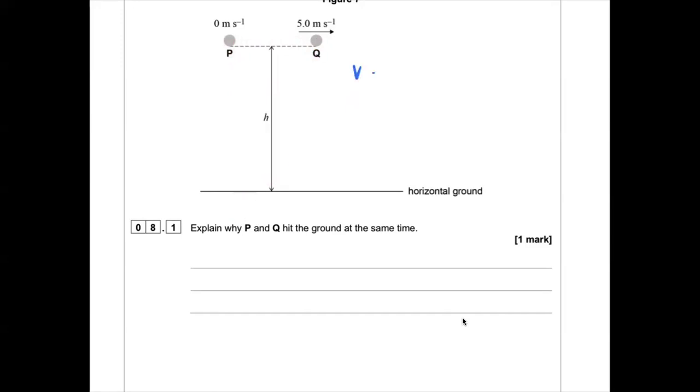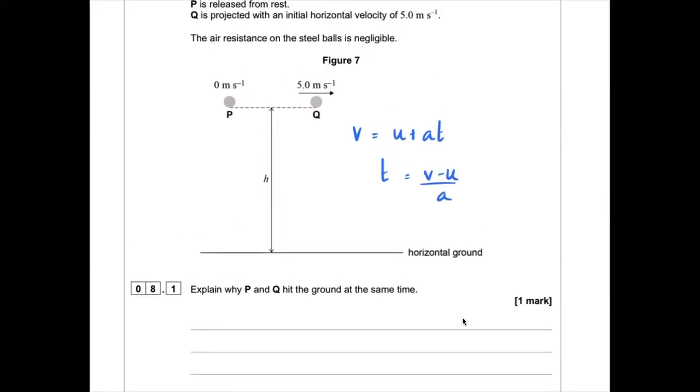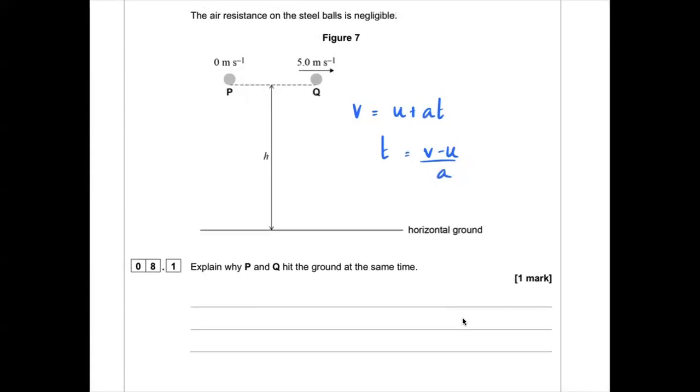In analyzing this, I have used the first equation of motion, right? So time would be equal to v minus u over a. So for them to hit the ground at the same time, initial velocity is 0 for both of them, and a is the same for both of them. Sorry, a is not 0, a is the same for both.